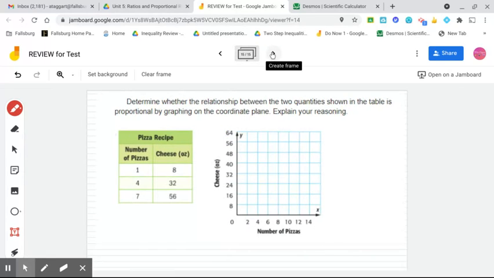Last problem, determine whether the relationship between the two quantities shown in the table is proportional by graphing on the coordinate plane. So remember, a graph is proportional if the line is straight and if it passes through the origin. Those are the two things we need to be looking for. So first we need to graph these points here.